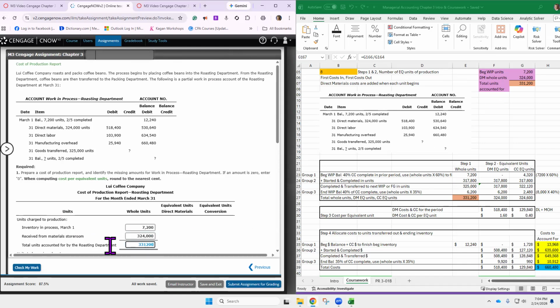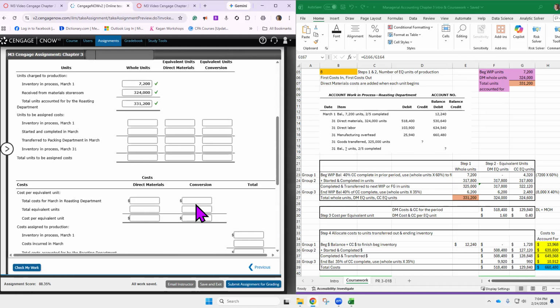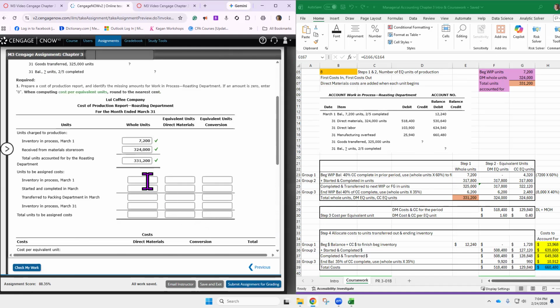Okay, so far I think we match. Okay, now we're going to fill this in. And remember, total units to be assigned cost has to come to 331,200. Okay, so where you put that in, just in case you need it.